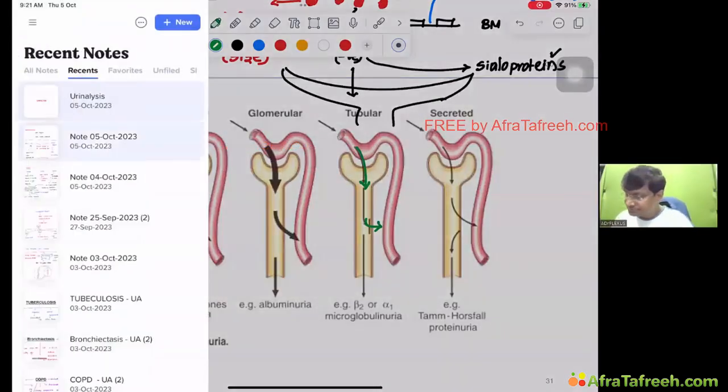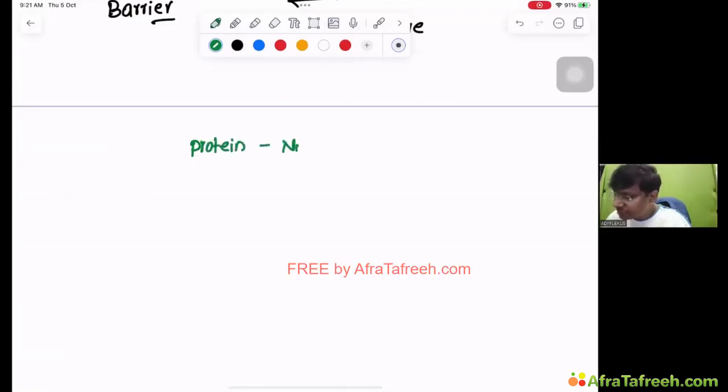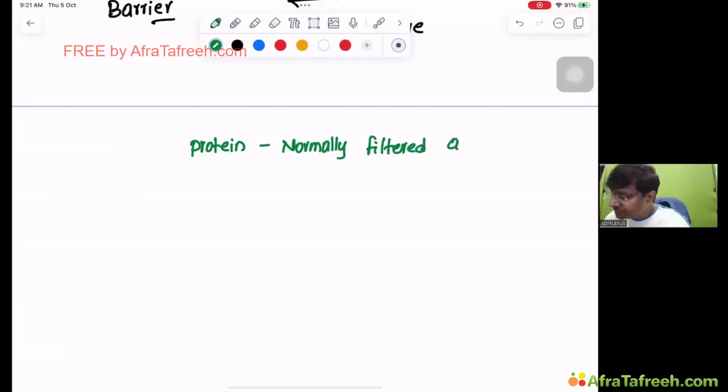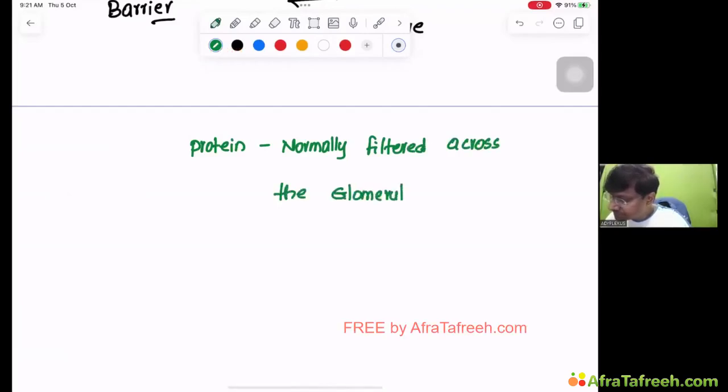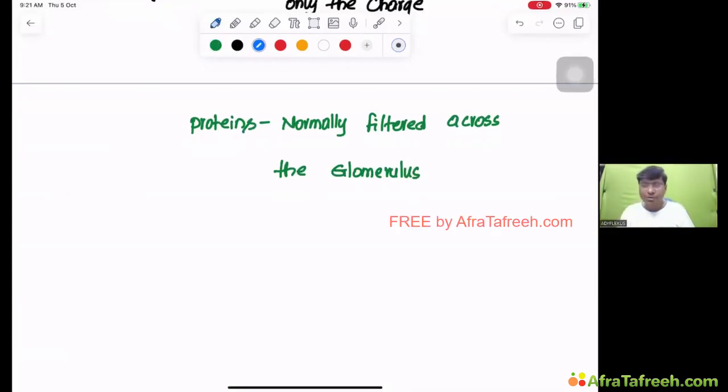Okay, so what are those proteins? Proteins which are normally filtered across the glomerulus. There are some small proteins which can get easily filtered. What are those?